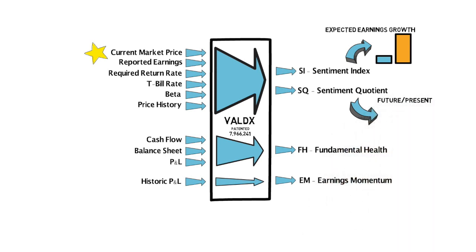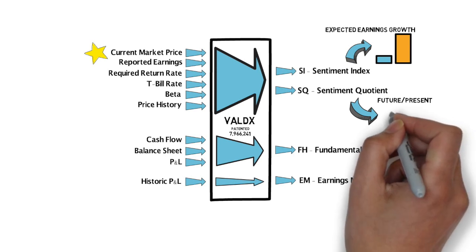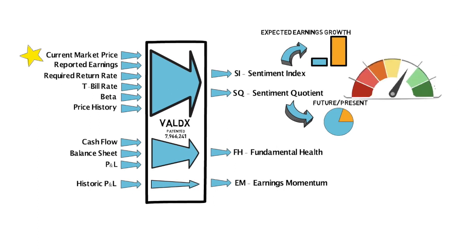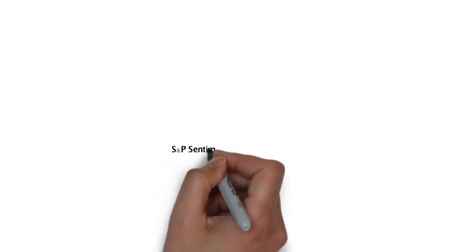For example, an SQ of 0.8 implies that 80% of the price is attributed to future earnings expectations, while 20% can be attributed to current fundamentals. Together, SI and SQ create a framework that assesses investors' optimism or pessimism related to a specific security. Valspresso was granted a patent for this measurement methodology.